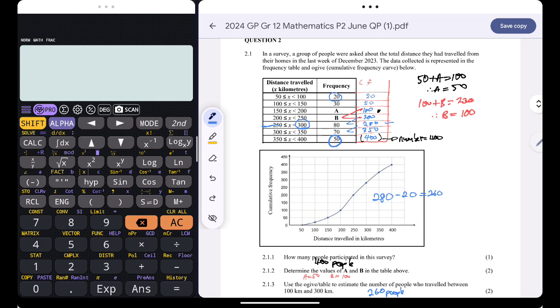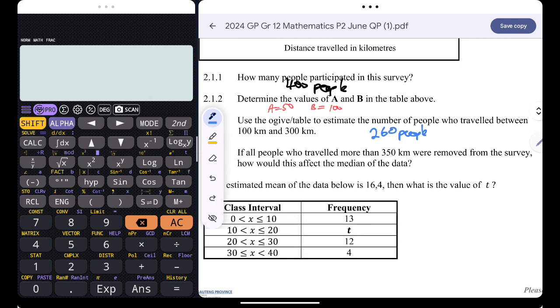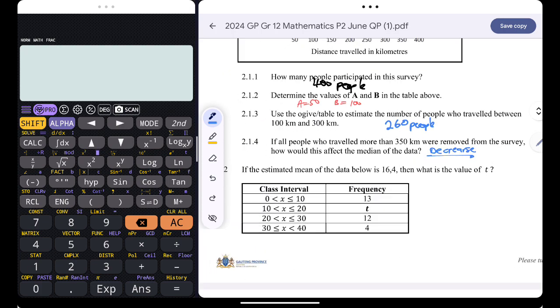Are you together? If they're removing those people, number one, the median will decrease, and secondly, the average will also decrease. Since you are only asked about the median, we'll answer the question about the median only. Are you together?